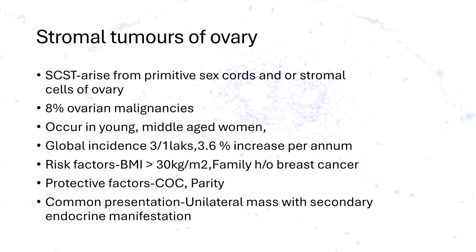Fertility factors are there also, like combined oral contraceptives and pregnancy. A common presentation in this set of tumors is the occurrence of a unilateral mass with a secondary endocrine manifestation. The hormone produced may be estrogen, in most of them, but a few like Leydig cell tumors may produce androgen.